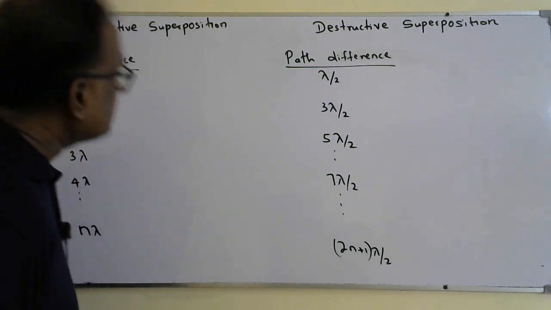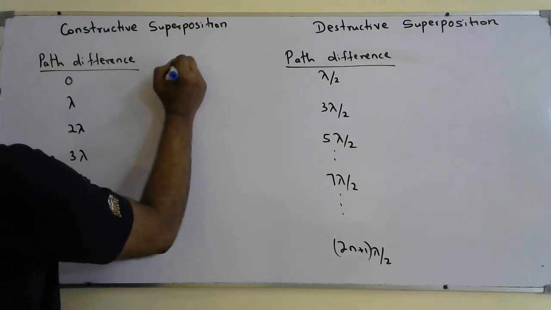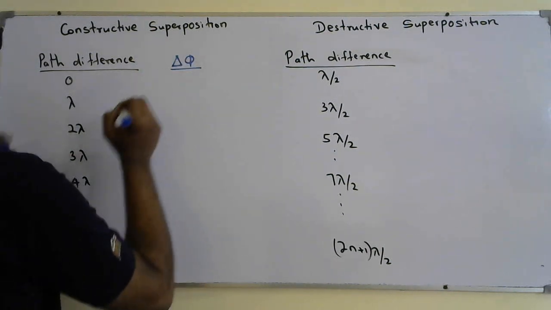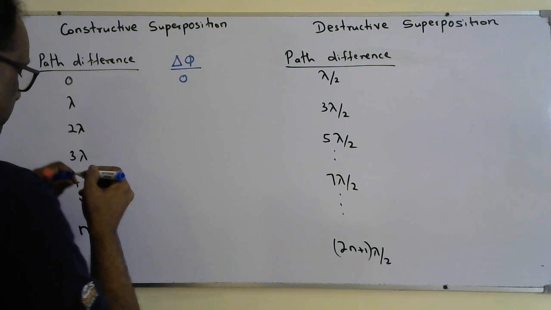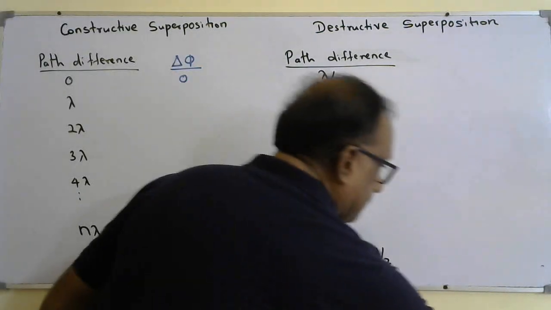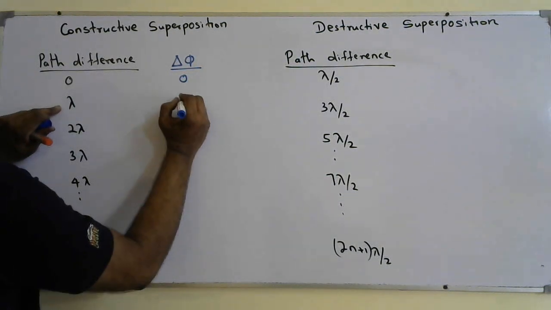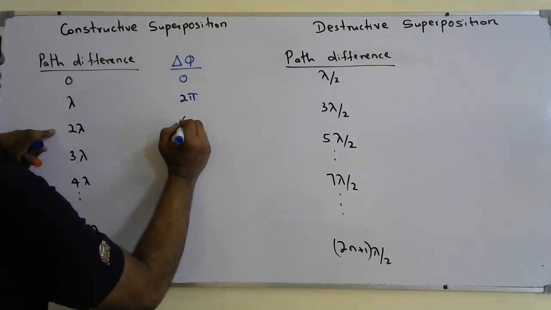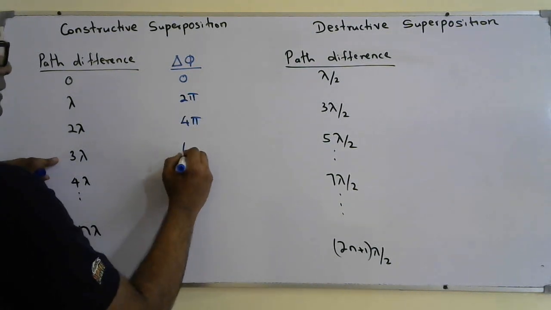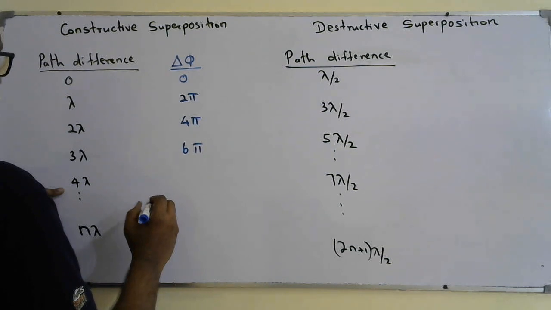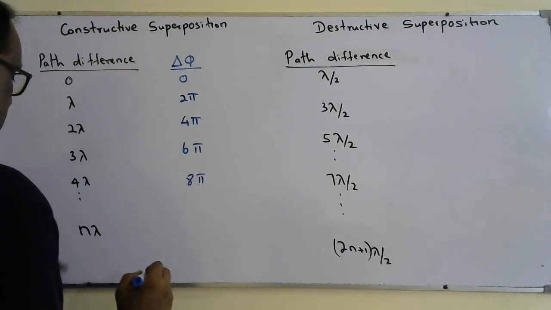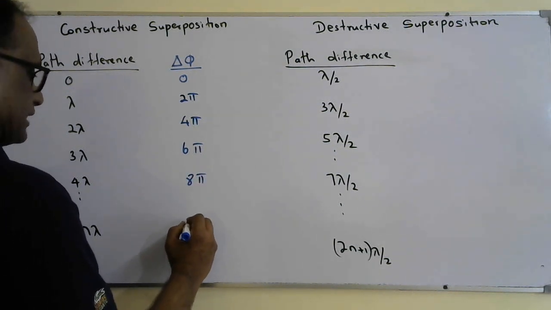So for constructive superposition, we know that if the path difference is 0, the phase difference is 0. If it is lambda, then it's 2 pi, 2 lambda is 4 pi, 3 lambda is 6 pi, 4 lambda is 8 pi, and n lambda we can say 2n pi.